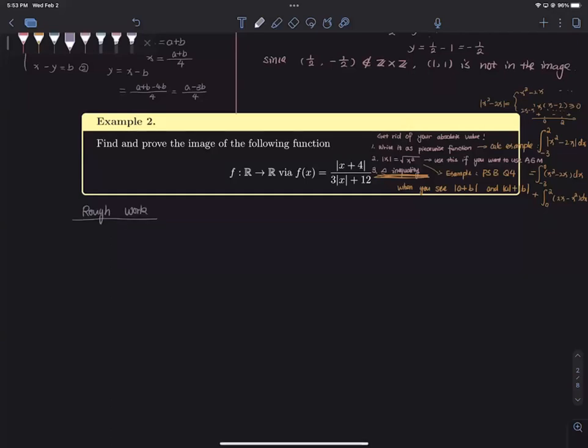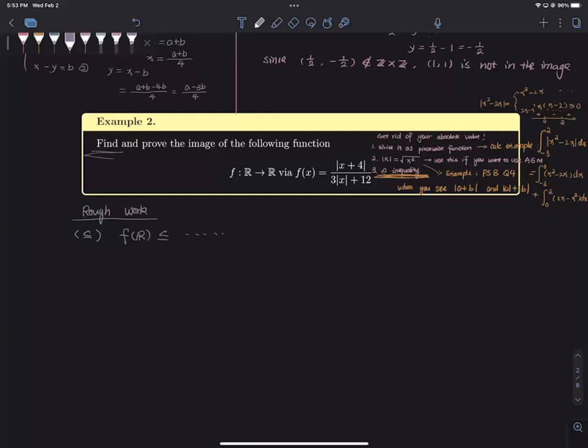Let's do the first direction first. I want to find the image and proof. I don't need to find the image first. I just use my first direction to find the image. So I want to show f of R is a subset of something. I don't know yet, we'll figure that out later.